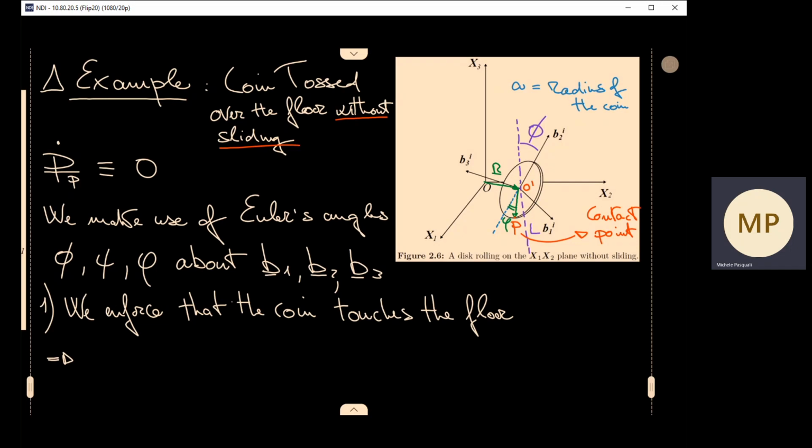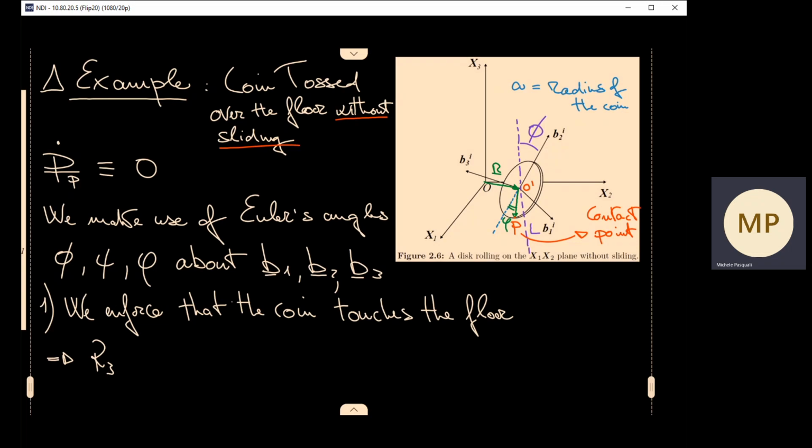Therefore, write that R3, if you remember, is the vertical component of the position vector of the origin of the body frame with respect to the global frame. So it's the projection of R with respect to x3.